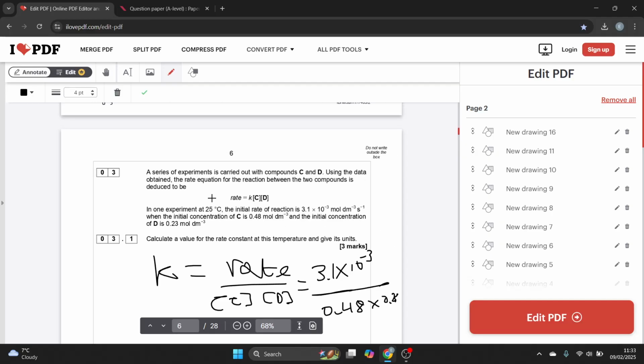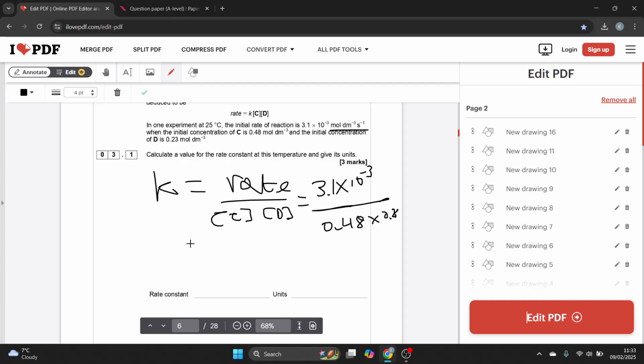The units, now I'm working with moles per dm cubed per second, so dm cubed s to the power minus 1 over moles per dm cubed squared, because I've got two concentrations and timesing them together.